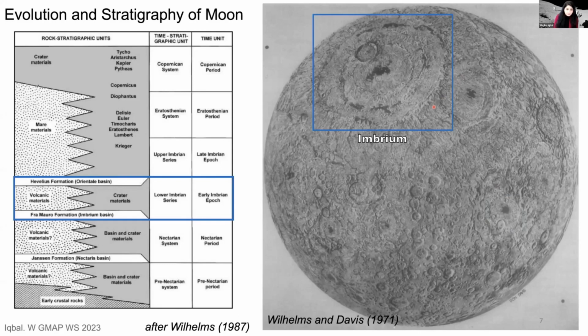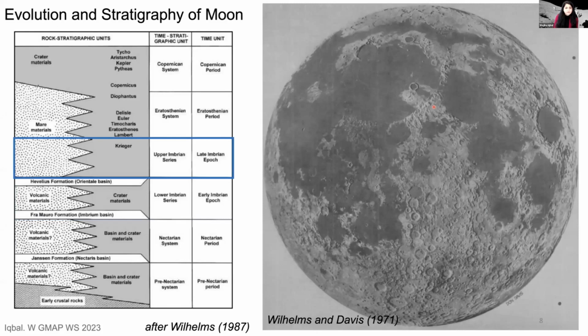This was also the period when a lot of cratering was happening. However, the late Imbrian period was dominated by volcanism, and we see the formation of mare at this age. It was the main process, but cratering was still occurring during this time.